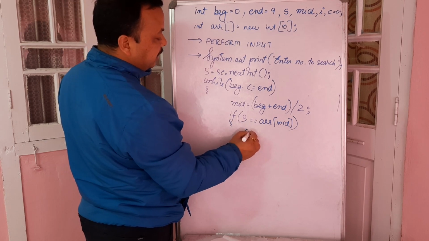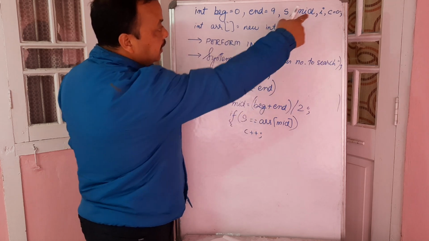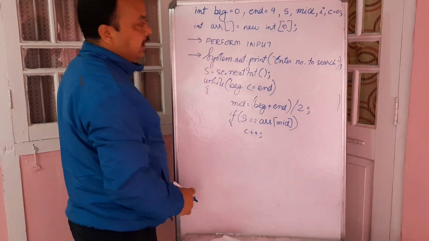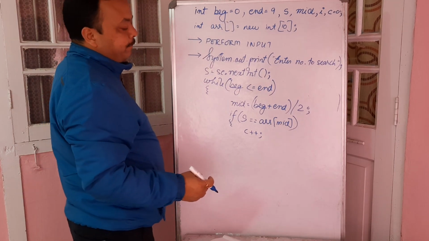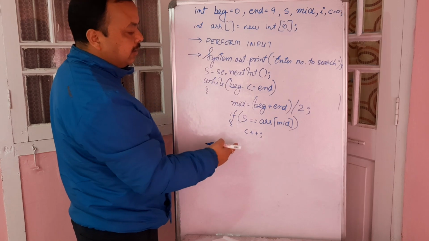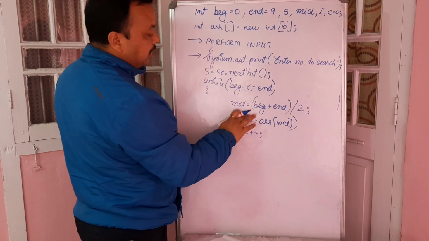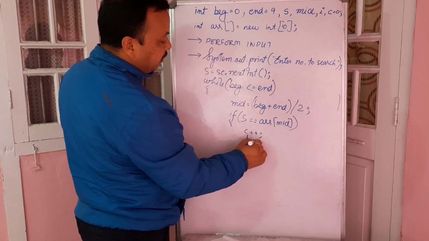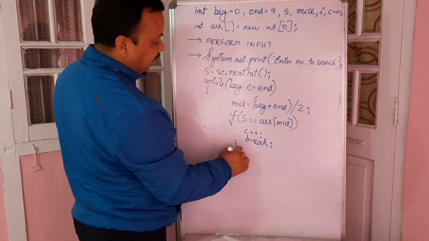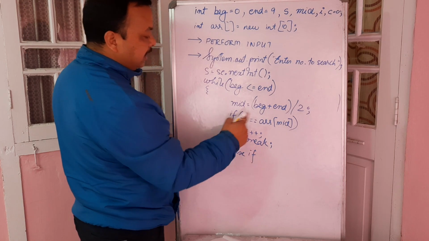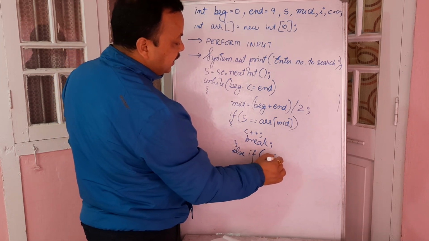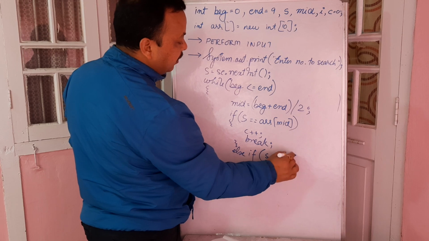If it is matching, C plus plus means you count. Your variable C will increase by 1, which is an indicator that your search was successful. And immediately you break, so there is no need to continue the search. Otherwise, in case it doesn't match, you check whether S is less than arr of mid.